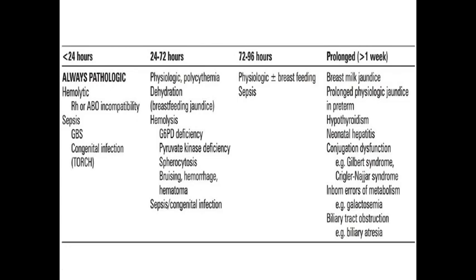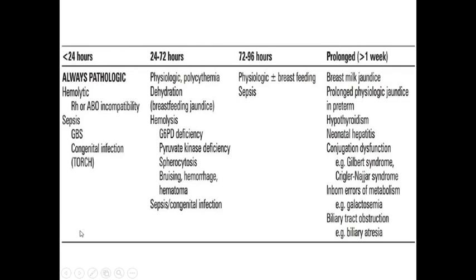So RH or ABO incompatibility is the most common cause of severe pathological jaundice in newborns within the first 24 hours. Apart from that, infections like GBS infection, that is Lancefield group A beta hemolytic streptococcal infection, as well as other congenital infections like toxoplasmosis, rubella, cytomegaloviral infection, herpes simplex viral infection.